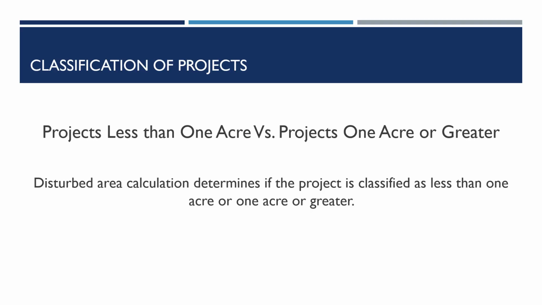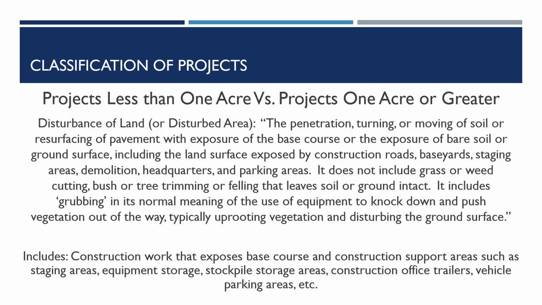The disturbed area calculation determines if the project is classified as less than 1 acre or 1 acre or greater. DOT Airports follows the Department of Health, or DOH, definition of disturbance of land, or disturbed area. The penetration, turning, or moving of soil, or resurfacing of pavement with exposure of the base course, or the exposure of bare soil or ground surface, including the land surface exposed by construction roads, base yards, staging areas, demolition, headquarters, and parking areas.